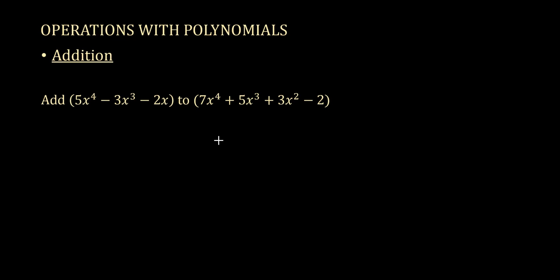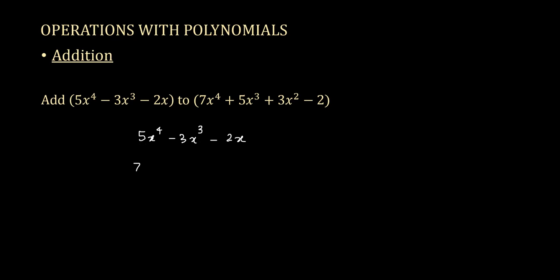Now how do we add this? We write one polynomial. Let us say I'm writing 5x raised to power 4 first, minus 3x cube, minus 2x. And just below this polynomial, I will write the other polynomial in such a way that like terms fall under like terms.